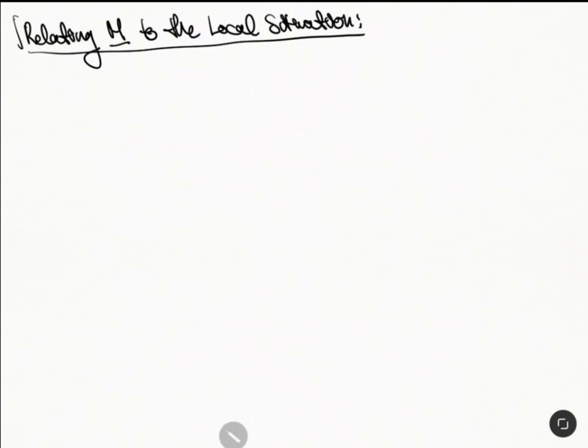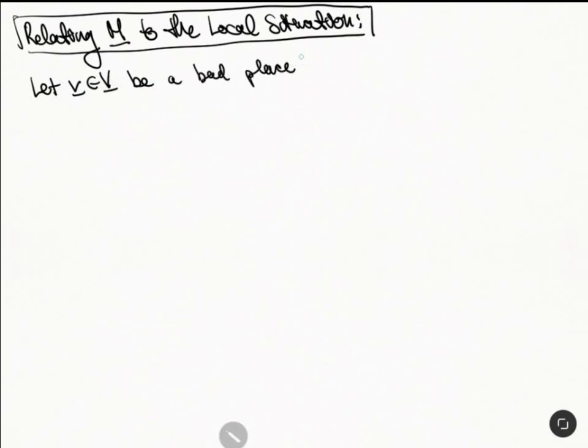So let V underline in here be a bad place. So a bad non-Archimedean place. This means that it's sitting over one of the distinguished primes in the field of moduli, and so we'll note that here.